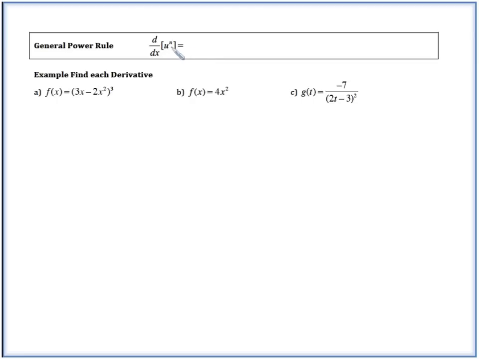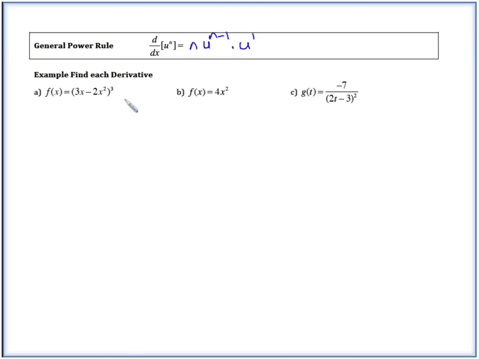So the way this works, the derivative of u to the n is going to be n times u to the n minus 1, and that was the power rule we had before, but now because u is some sort of function of x, we're going to multiply by u prime, or the derivative of that inside. So it's exactly what we were doing before, except now we turned it into a rule.